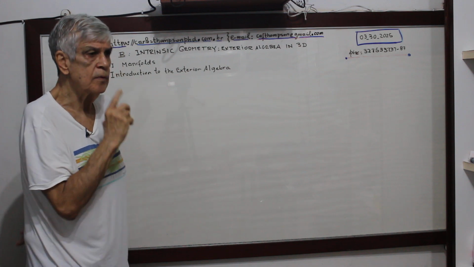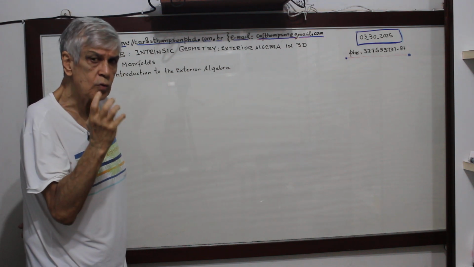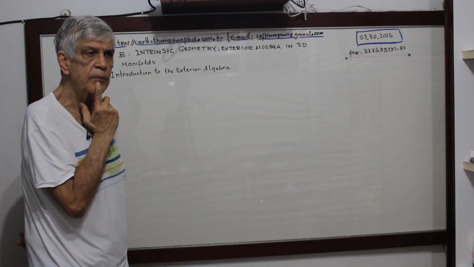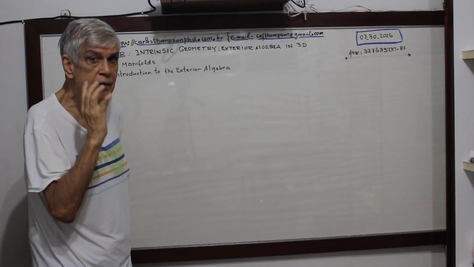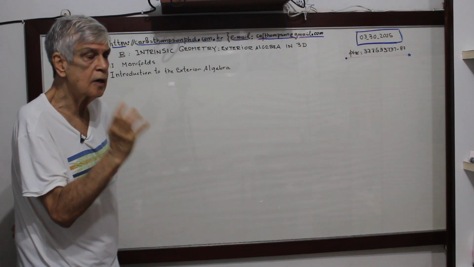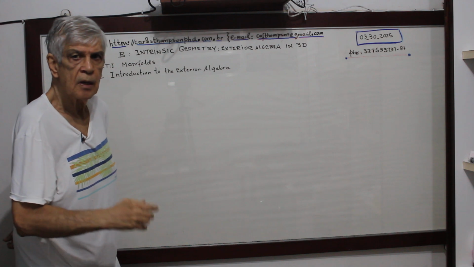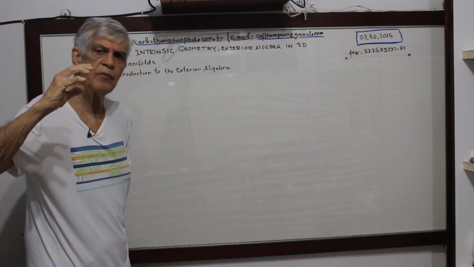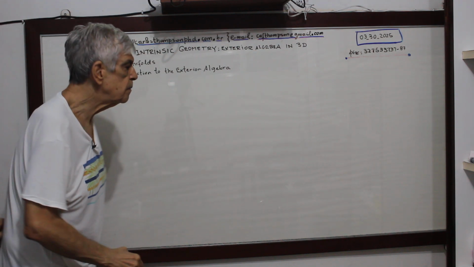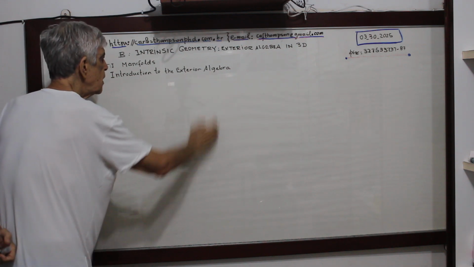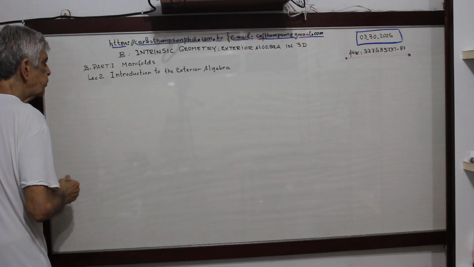Here in this lecture, I will introduce the exterior algebra, but knowing that we'll talk in detail about the subject in some videos ahead. Okay? So let's introduce the exterior algebra.